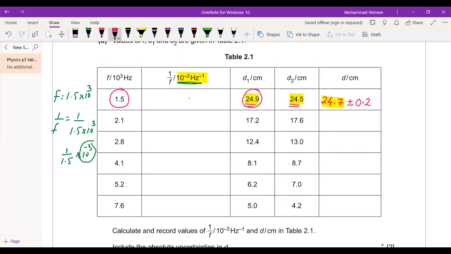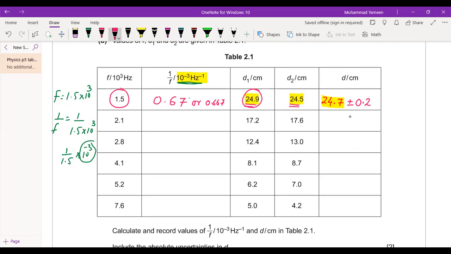So you have to write 1 over f up to two significant figures, and if you round this number up to two significant figures, you will get 0.67. Or you can write one significant figure extra. As I stated before, you can write this number up to three significant figures as well. So 0.667. Okay, so I have completed the first row for you.